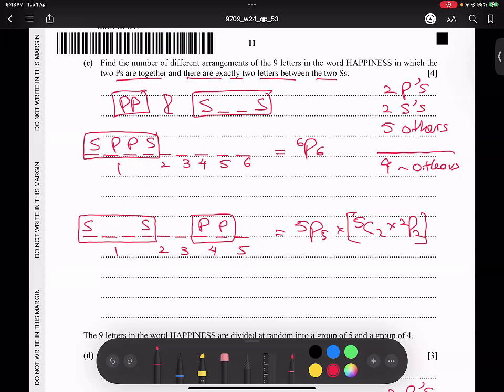And now it's a matter of just typing in calculator. One minute, please. Let me check it. So the answer turns out to be 3120. I hope the point is very clear. And let's go for the next and last part.